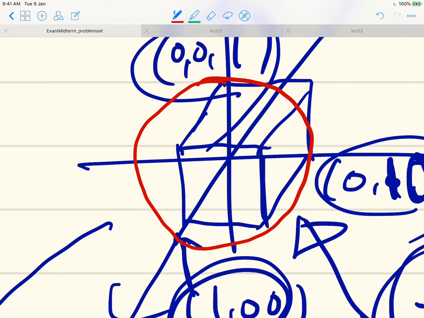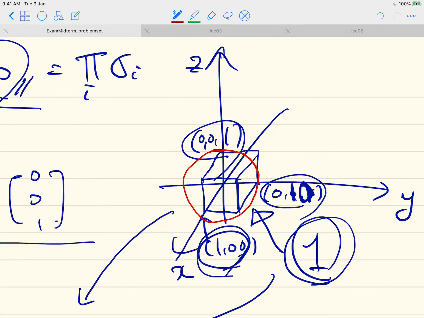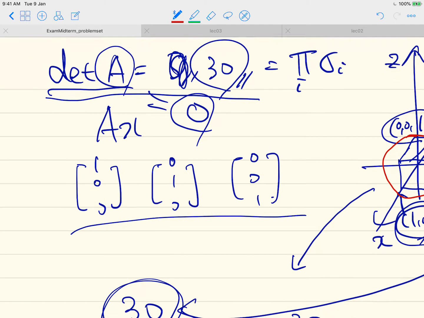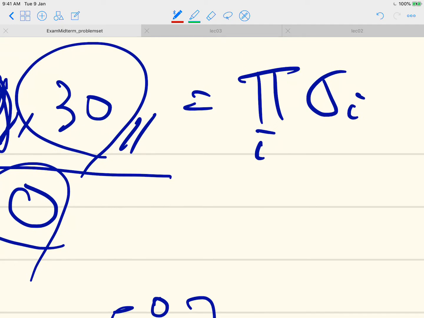That's how we understand this volume ratio as the determinant, which is also the product of eigenvalues, because the product of eigenvalues is the volume ratio when picking an input shape whose line segments are our eigenvectors.